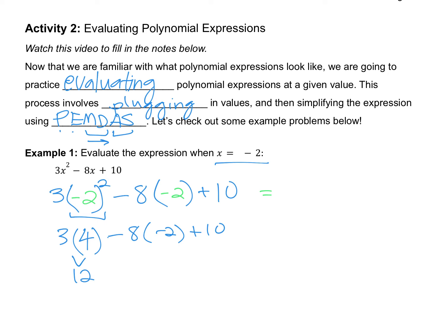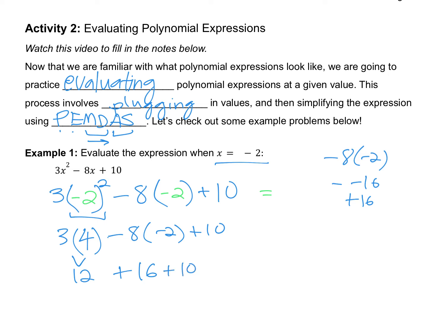So that's negative 8 times negative 2, which is a positive 16. You might think of it as 8 times negative 2, which is negative 16. But since it's being subtracted, when you subtract a negative 16, you end up with plus 16 anyway. So however you think of it, it ends up being plus 16.